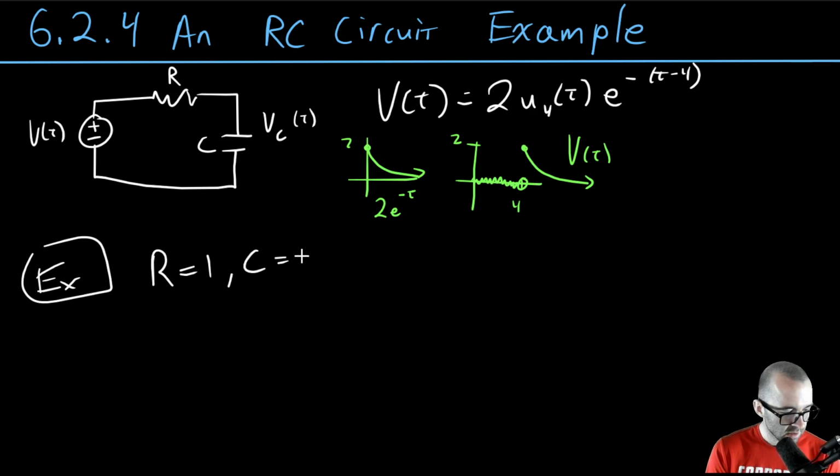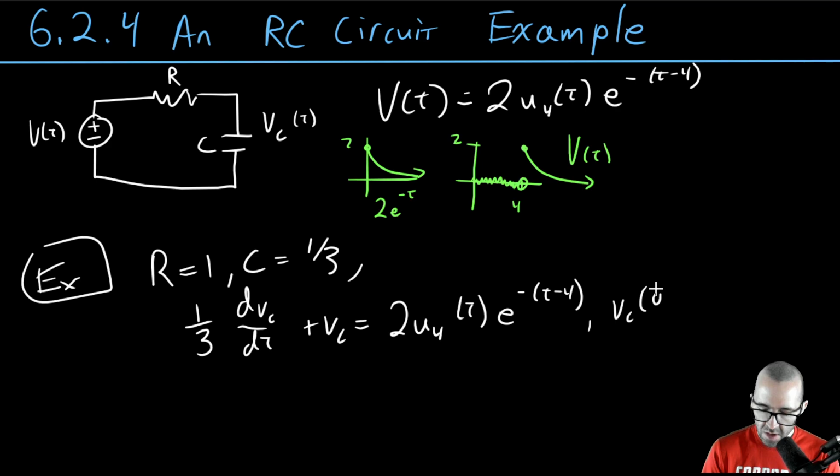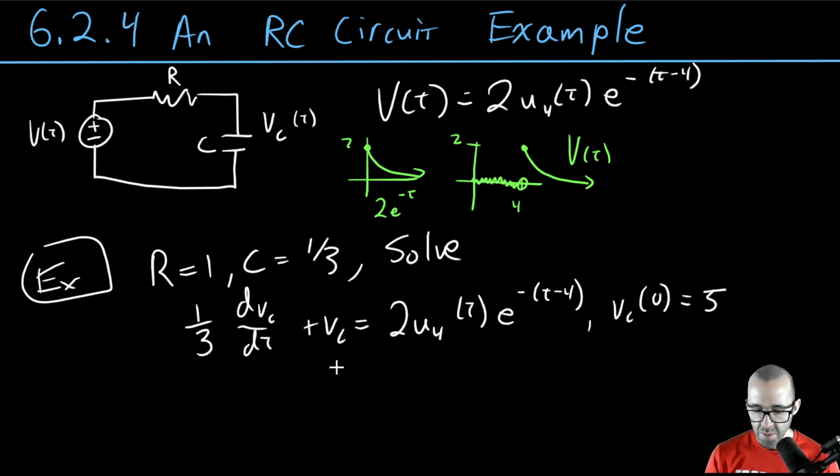For us, C will be 1/3, R will be 1, and that's going to give us 1/3 dVc/dt plus Vc equals 2 u, this is our voltage right-hand side, u of t, e to the negative t minus 4, where our initial voltage across the capacitor is 5. All right, so this is going to be our initial value problem that we want to solve. Again, somewhat unrealistic parameters just to make our lives a little easier.